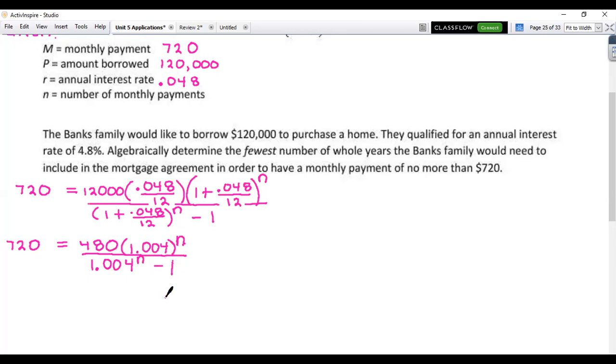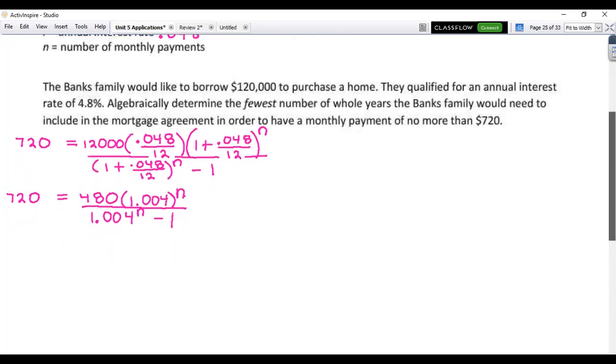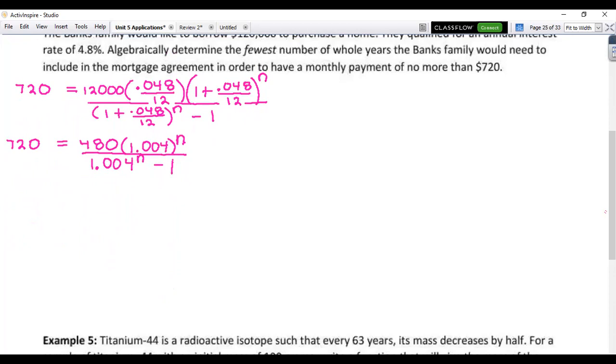Now, what's advisable next is to actually take it and cross multiply. So let's take the 720 times that, but I'm really not going to actually do it. So I'm going to show 720, and then 1.004 to the n minus 1 equal to 480 times 1.004 raised to the n.